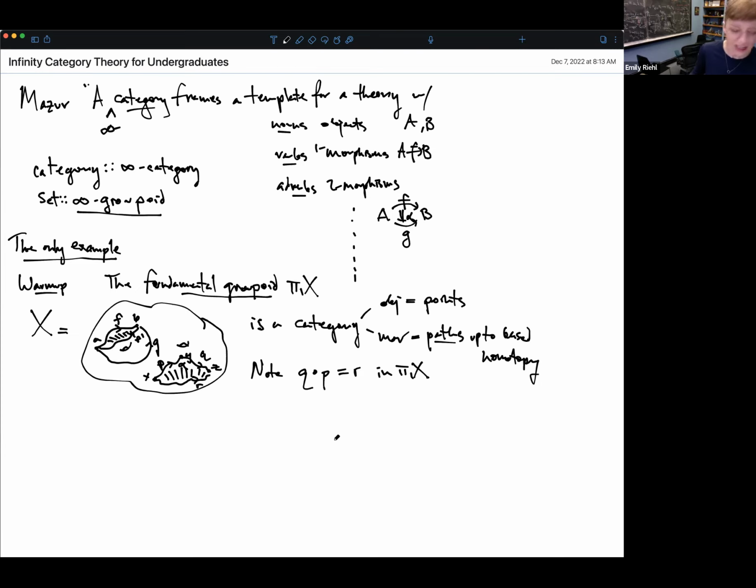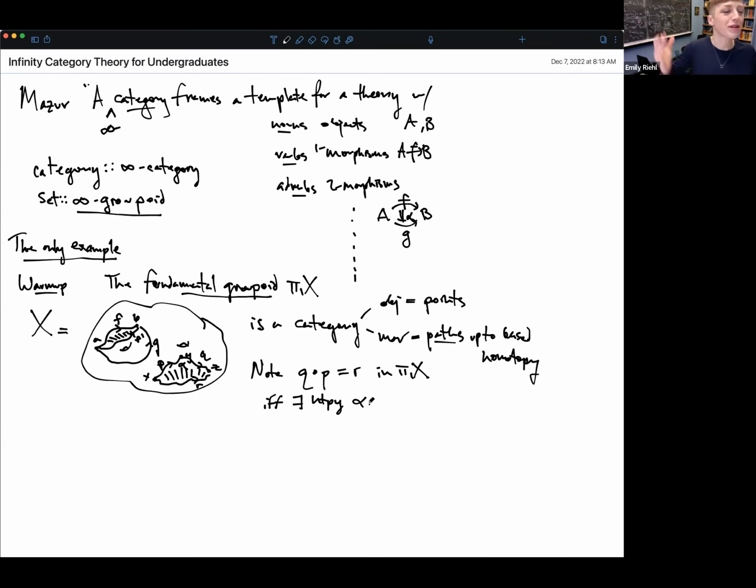So that's an interesting perspective on composition. Because the morphisms at the end of the day are equivalence classes, composition is well defined, but the witnesses for this composition can be more interesting. So this is true if and only if there exists a homotopy alpha, as I've indicated in this picture.